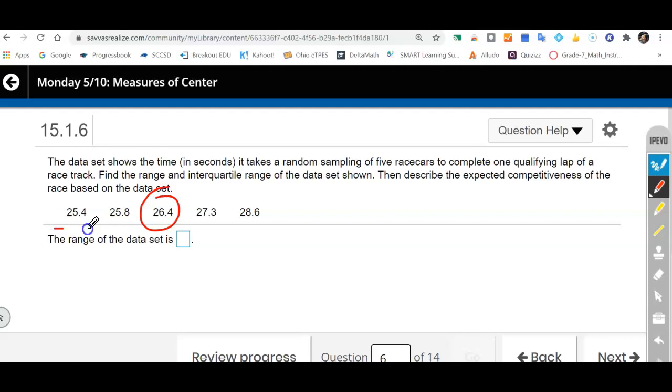So my bottom half is only two numbers, isn't it? My top half is only two numbers.